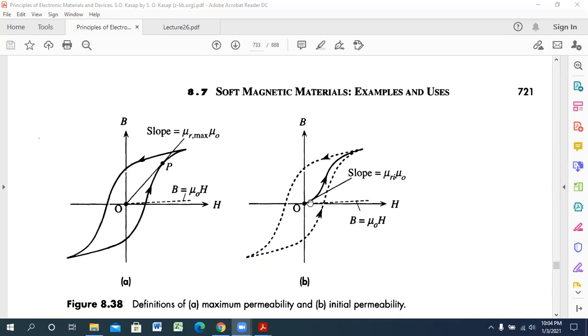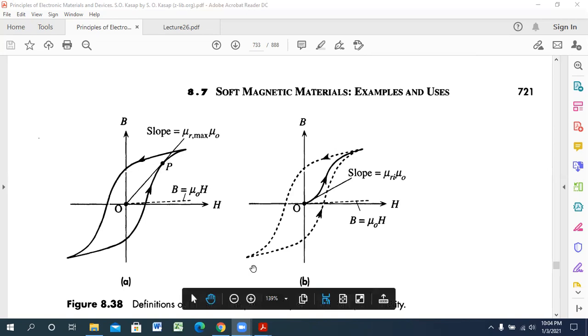The initial permeability, or initial curve, starts from zero, right? Initially we consider that the material is demagnetized, that means it doesn't have any magnetic properties. Whenever we insert this material into a magnetic field, that one starts from zero, and from zero this curve starts to rise up. After that, this curve generates this hysteresis loop.